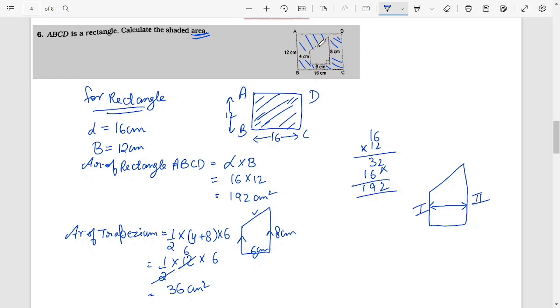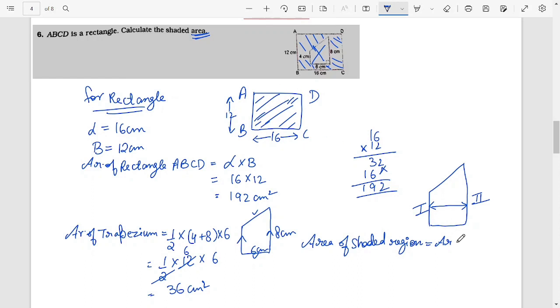So in the given figure we have to find the area of the shaded part. This part is shaded, so the trapezium is unshaded. Trapezium is unshaded. So what do we have to do? We have to remove the unshaded part. So at last we will write area of shaded region, or we can write area of shaded part is equal to full figure area.